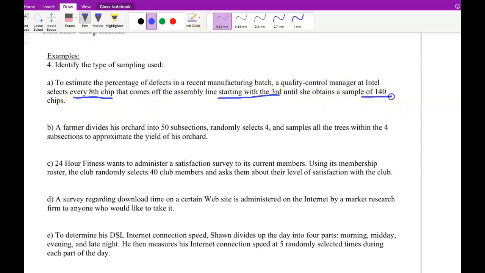We already know that is our sample size. The starting point is third, so this is our P. And selecting every 8th is K, so K is equal to 8. This means we use systematic sampling. The type of sampling here is systematic.